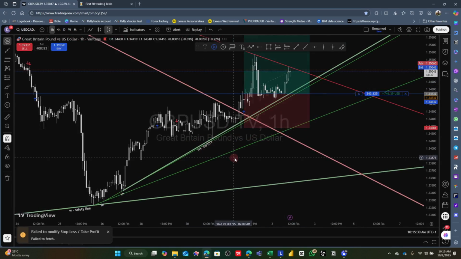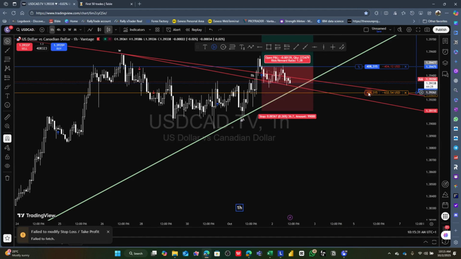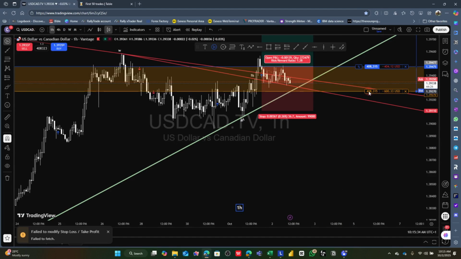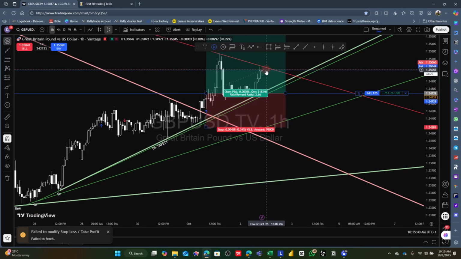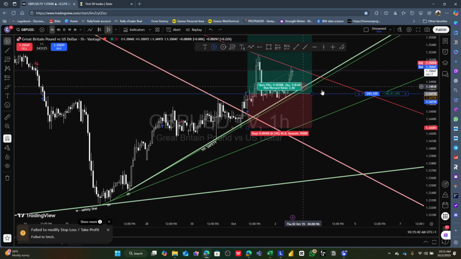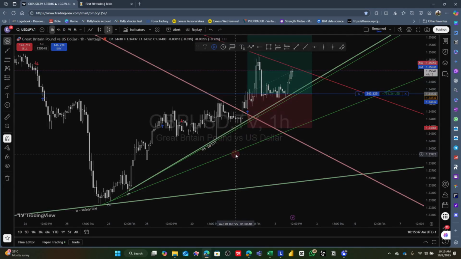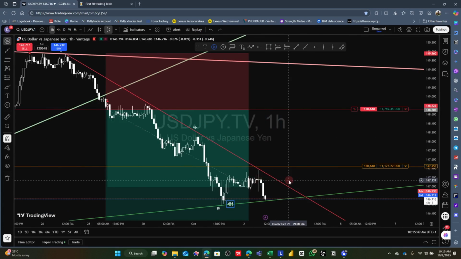Oh, it didn't change my stop loss. Yeah, 6 something. So we've gotten to a place of possible resistance, and I don't know why it's not changing. I'll need to change my network provider, but hoping price makes good moves for us.